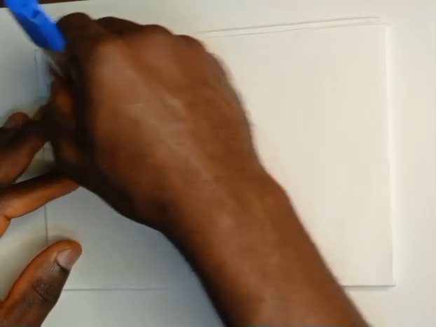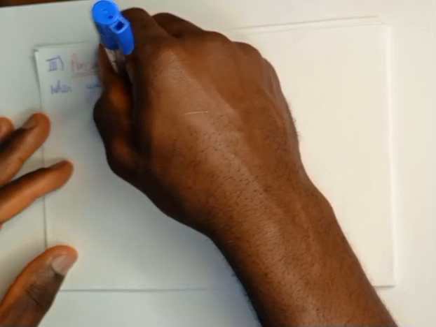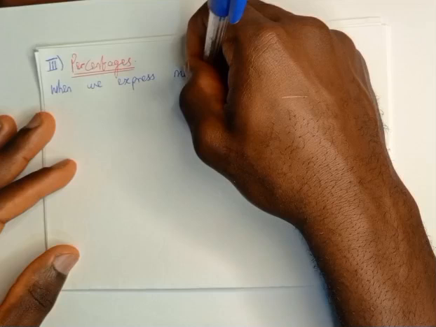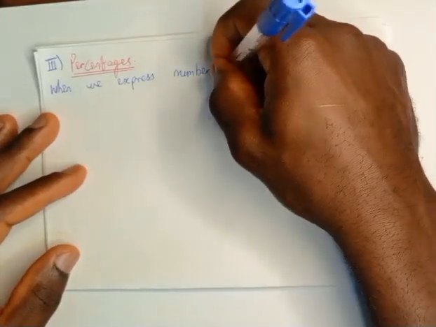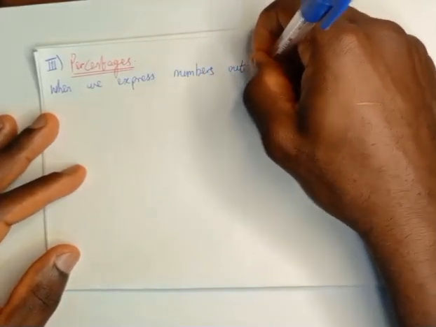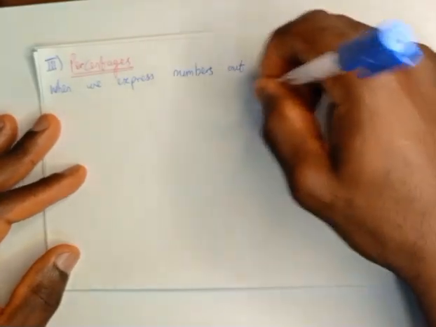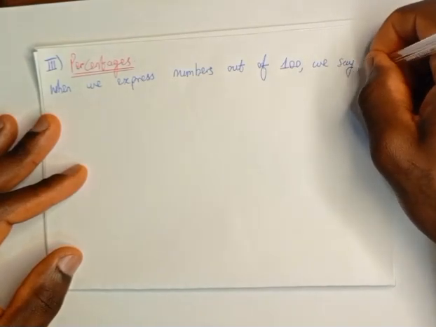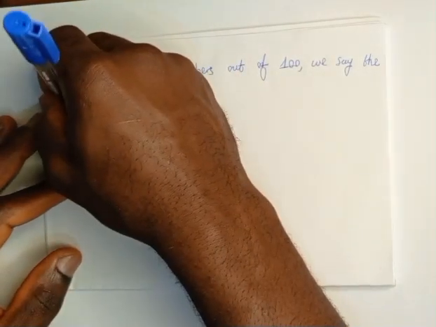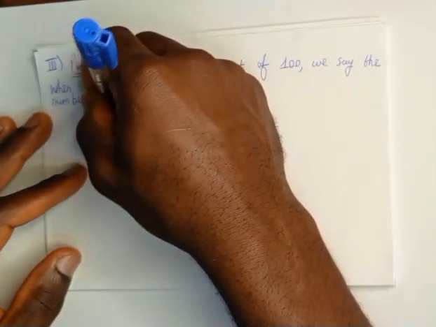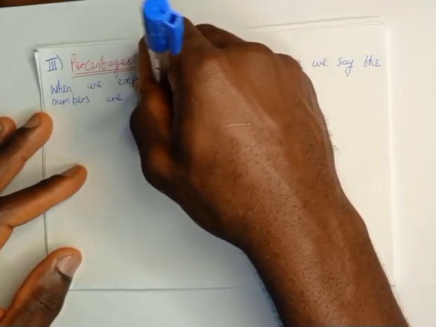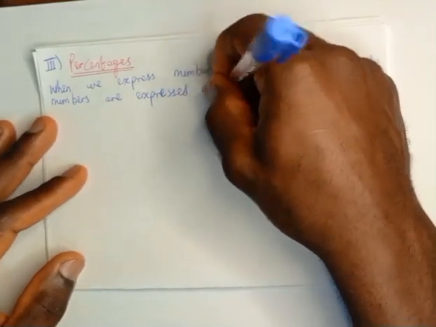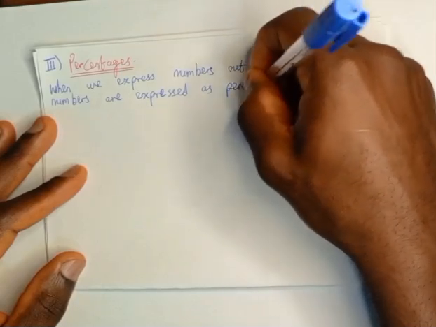When we express numbers out of 100, we see the numbers are expressed as percentages.